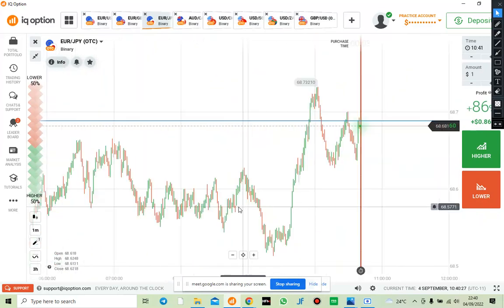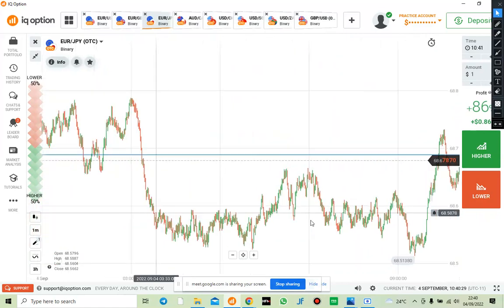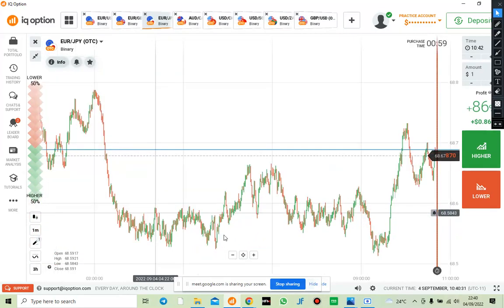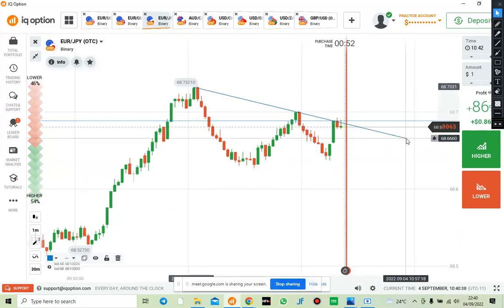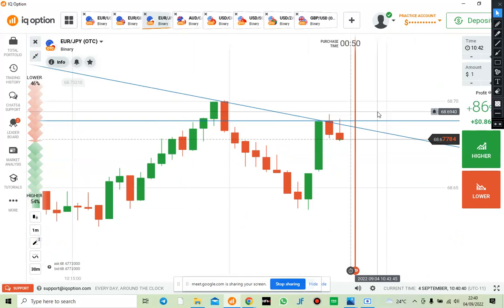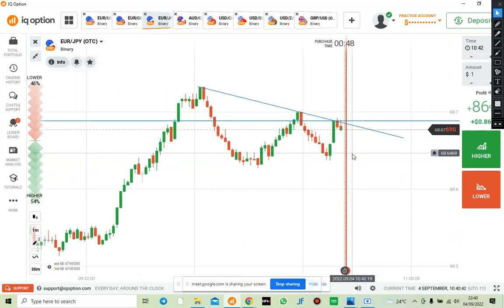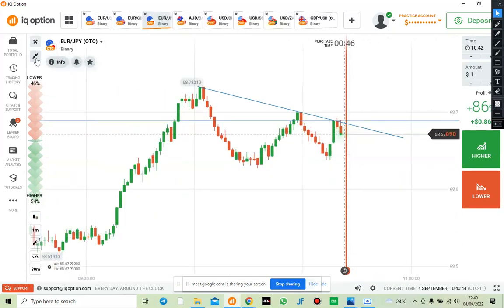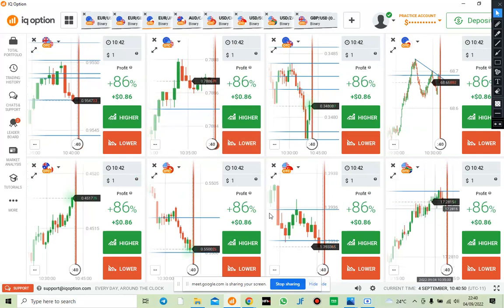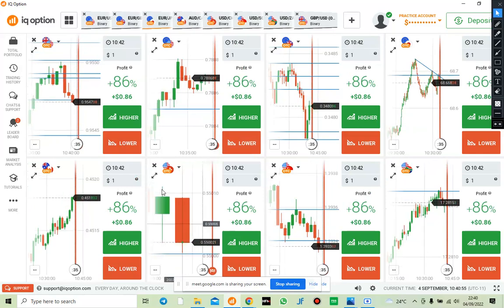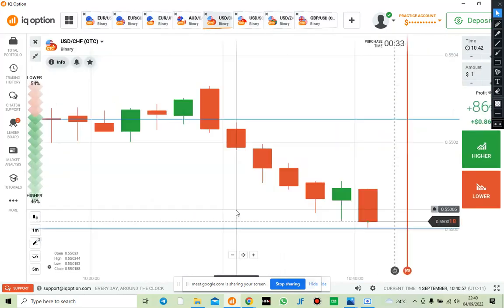Why? See, a reversal area. Check the trend line. I think it's still a reversal area. Okay, any bullish candle? Nope. Okay, here. Let's check this one out.